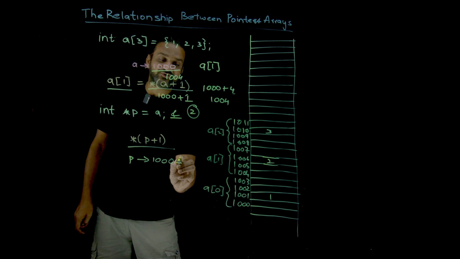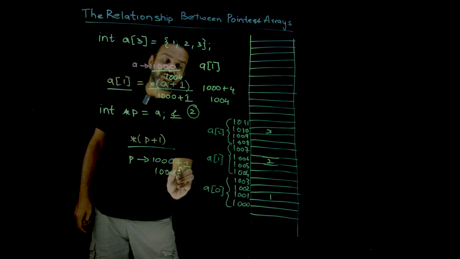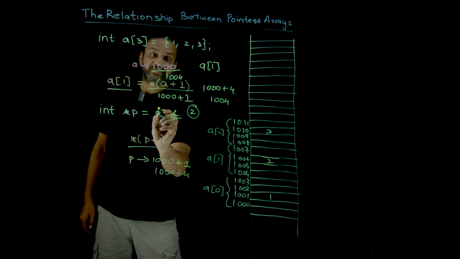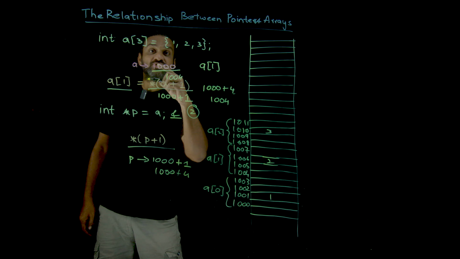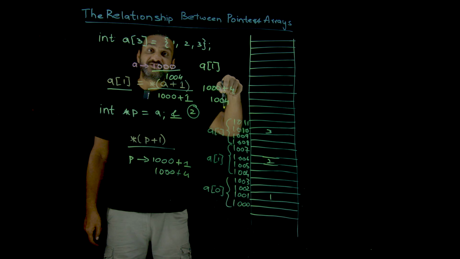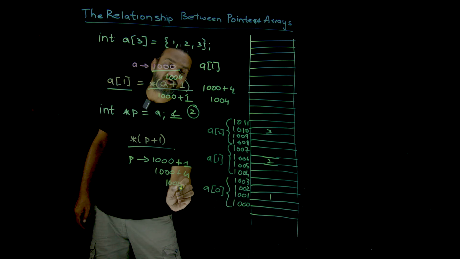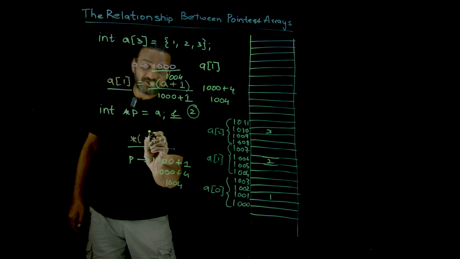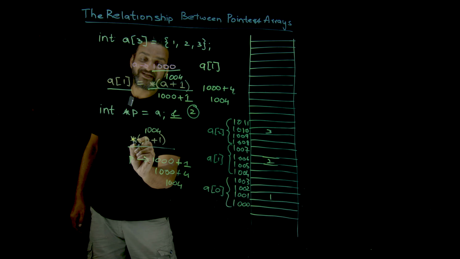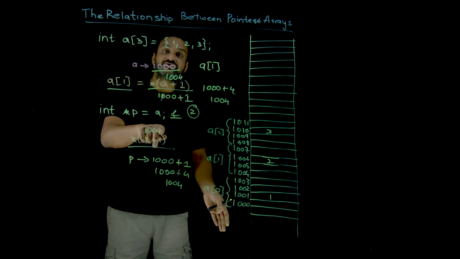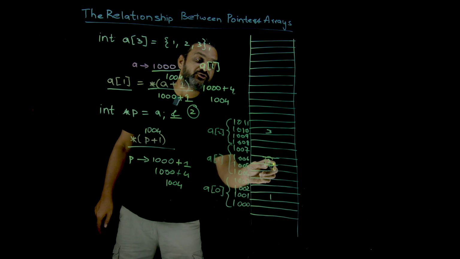P plus 1 means 1000 plus 1 times the size of an integer. Since this is an integer array, the size of an integer is 4. So 1000 plus 4 gives 1004. Now we apply the indirection operator to 1004, meaning we go into that memory location, which holds the value 2.